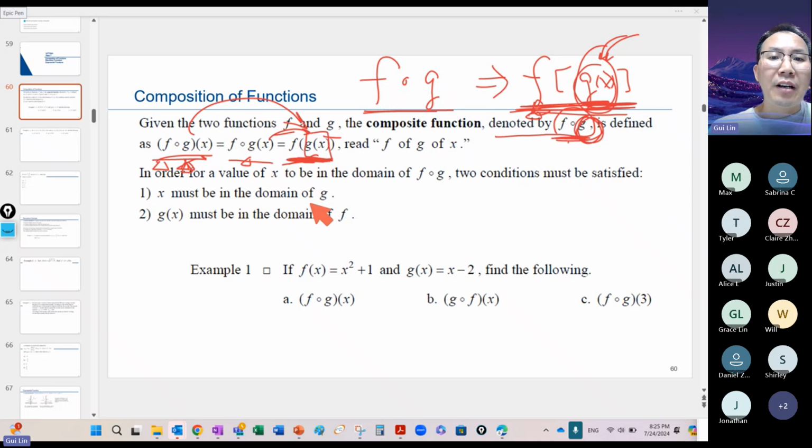First, x must be in the domain of g, so that g is not undefined. Second, after that, g(x) must be in the domain of f. Initially in f we had x here, but now this x is replaced by the second function, so all its values should be in the domain of f.